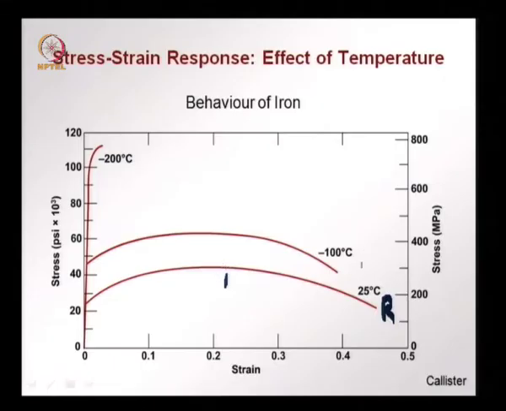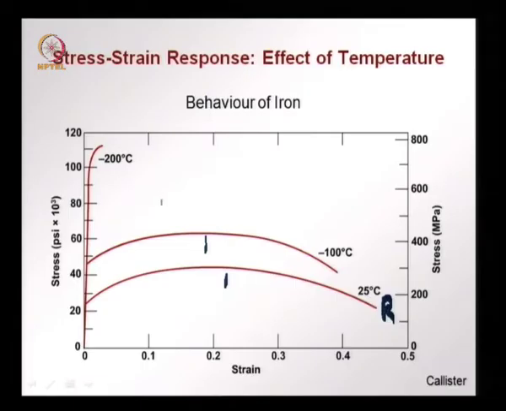At a lower temperature, say minus 100 degrees, the yielding occurs at a higher value, around 300 megapascal, and then again we have strain hardening, the peak occurs maybe somewhere around here, and then failure occurs at a strain of 0.4, which is less than what happened at room temperature.